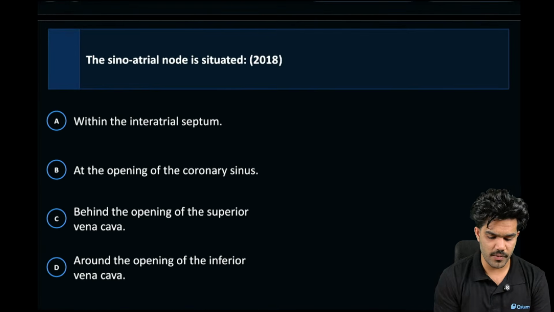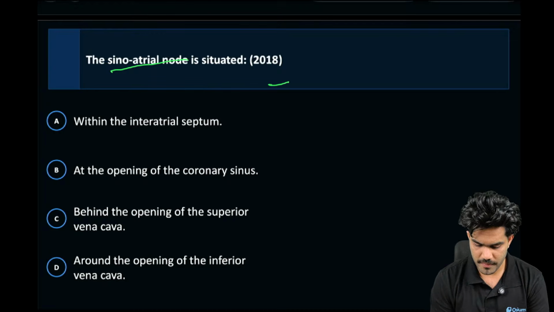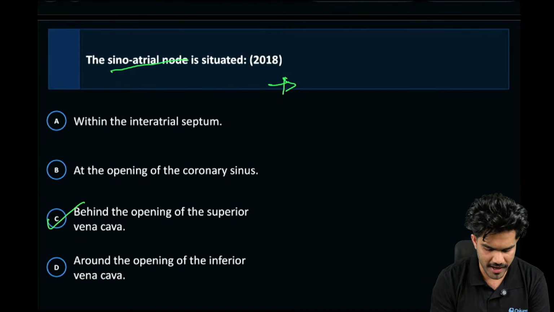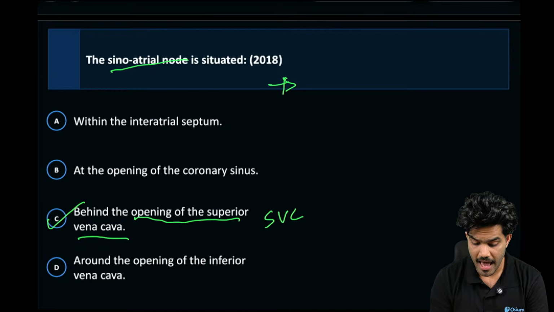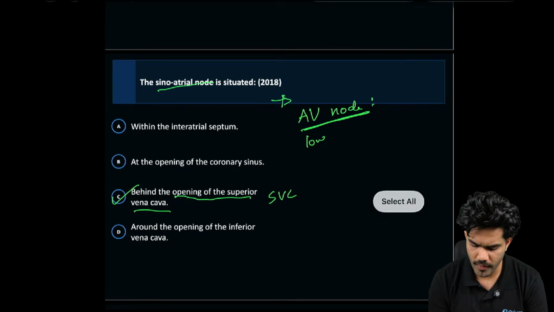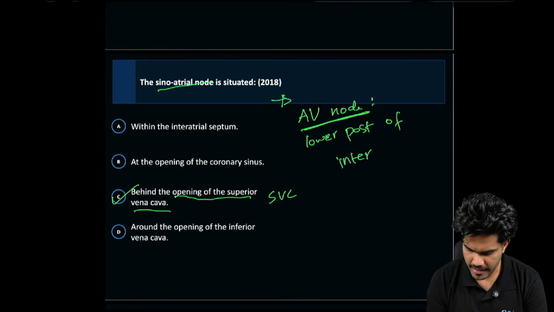Let's see. Sinoatrial node is situated in... It's a factual question, guys. It is situated behind the opening of SVC. Next, we will see where the AV node is situated. The AV node is situated in the lower posterior part of the interatrial septum.